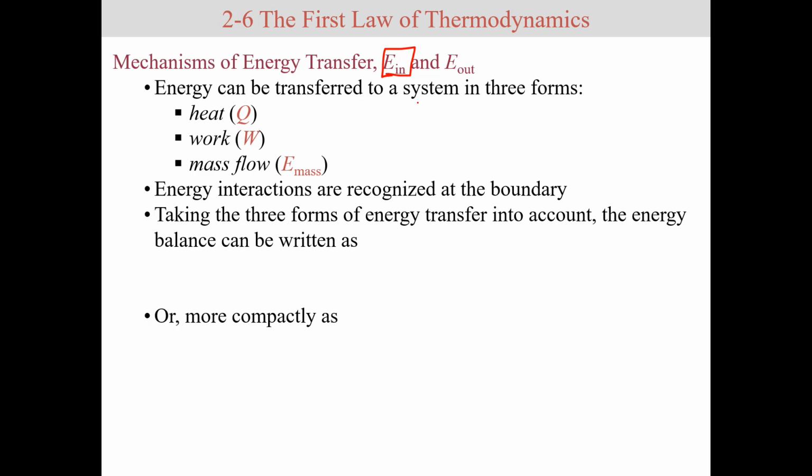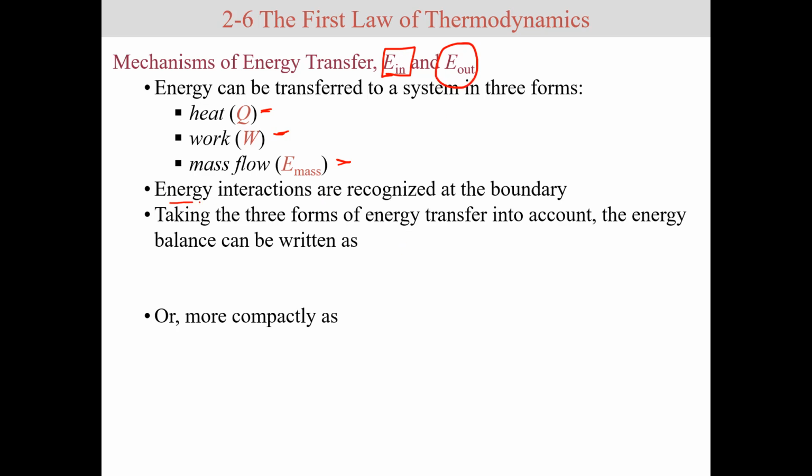These are path-dependent functions. E in depends not only on the states, it depends on how the process is occurring, right? And that's a sum total of energy transfer by heat, by work, and by mass, all added together into this one term E in. And then E out is the addition of energy transfer by heat, by work, and by mass, all added together to be this term.